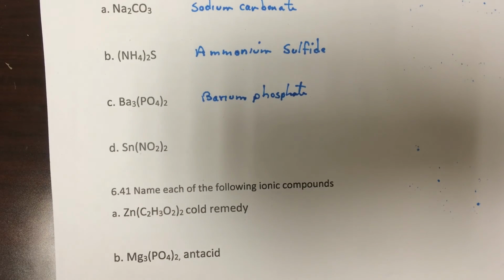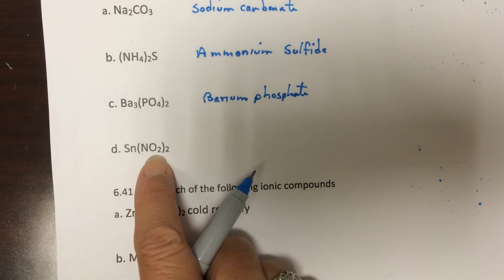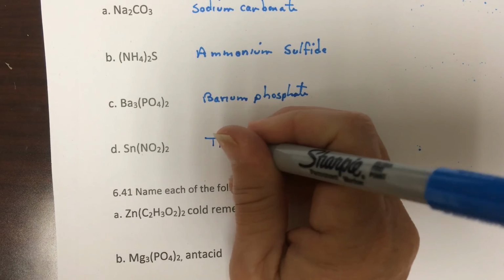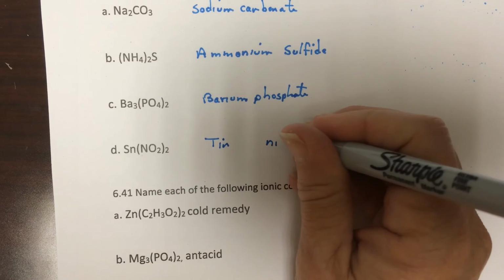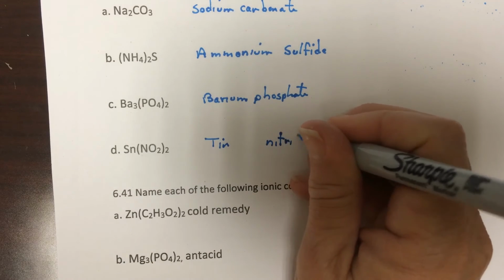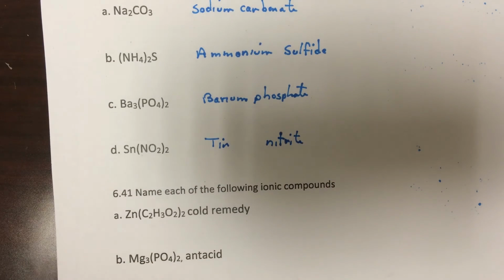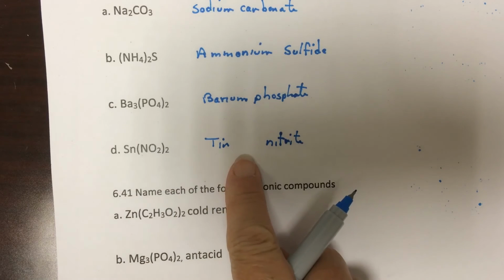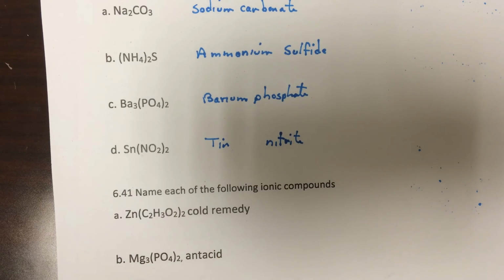And finally, we've got tin, and that NO2 is nitrite. So this is tin. And those of you who are paying attention will notice that I left a big space between the tin and the nitrate.